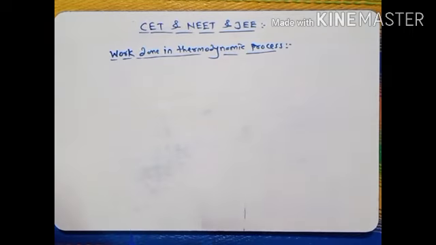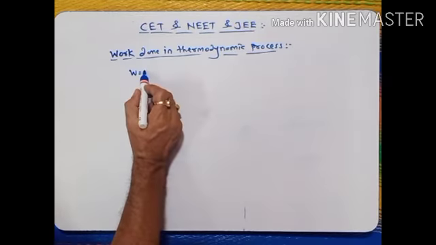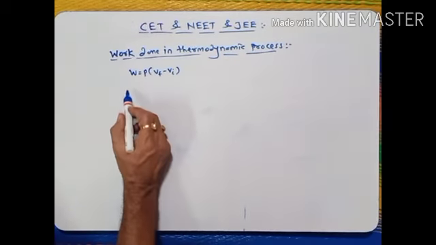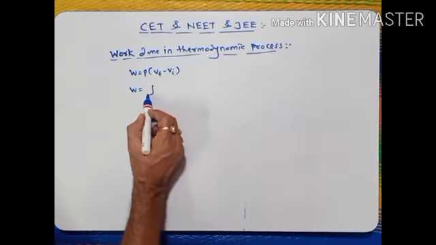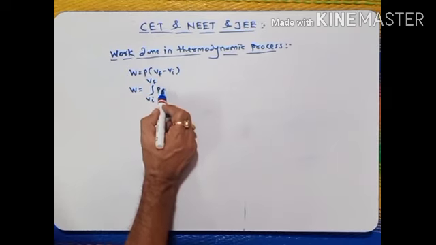Here you see the simple equation: W is equal to P into Vf minus Vi, or W is equal to the integration from Vi to Vf of P dV.